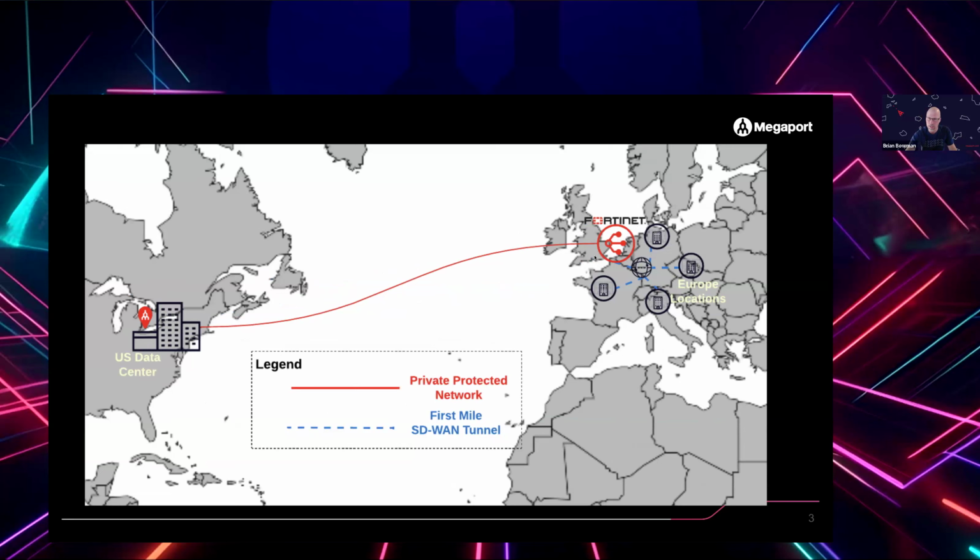So some sort of virtualized or NFV device sitting on top of Megaport, and then using Megaport's private backbone to connect back to that data center in the US. What we're trying to accomplish is to reduce the latency and improve the performance of their branch locations in Europe. That's the goal.